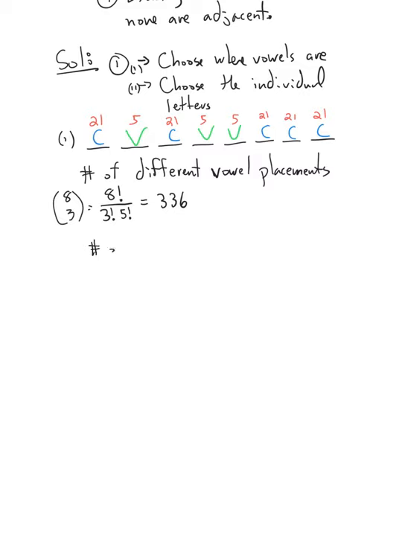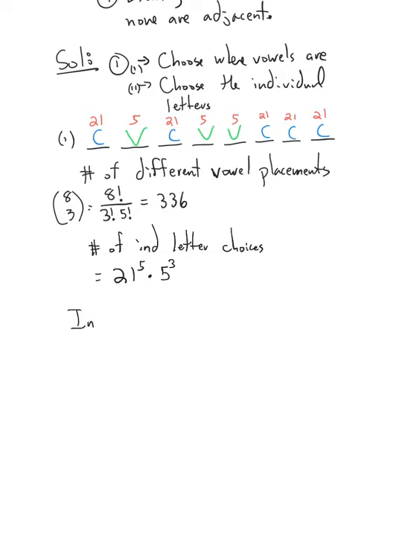So number of individual letter choices: we pick 21 5 times, since there are 5 consonants and there's 21 choices for your consonants, and you can have repeat choices, and there are 3 vowels and 3 locations for your vowel. There are 5 choices for each vowel in 3 locations.